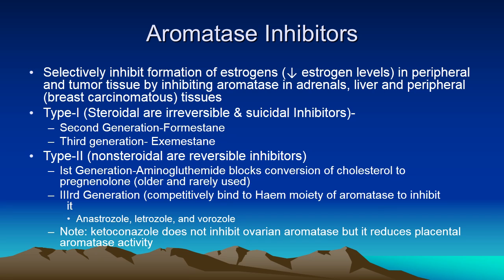Currently formestane and third generation exemestane belong to steroidal irreversible drugs, and currently anastrozole, letrozole and vorozole are the third generation type 2 which are commonly used. Ketoconazole has non-selective action. It does not inhibit the ovarian aromatase, but it reduces placental activity.